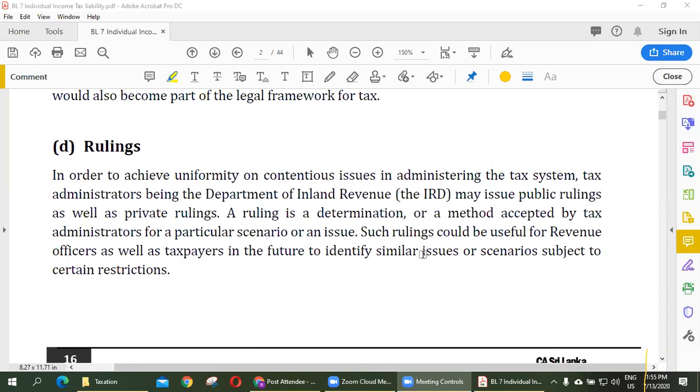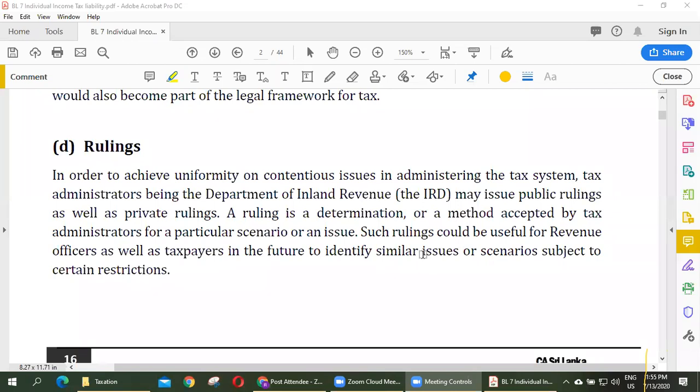A ruling is a determination or a method accepted by tax administrators for a particular scenario or an issue. Such a ruling could be useful for revenue officers as well as taxpayers in the future to identify similar issues or scenarios, subject to certain restrictions, right?